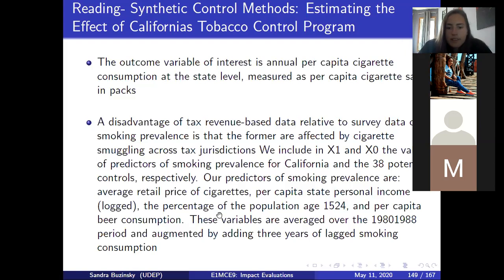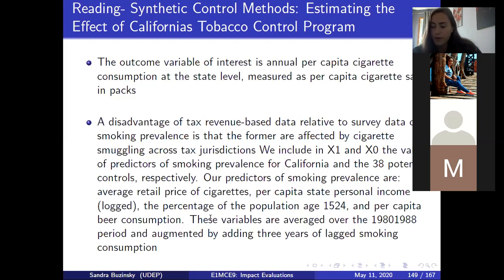Yeah, then the percentage of the population aged 15 to 24. So basically youth, because obviously youth tend to smoke more, I guess. I mean, not anymore really, but in the day they did. It was the cool thing to do. And then also per capita beer consumption, because they think that alcohol and cigarettes are complementary goods.